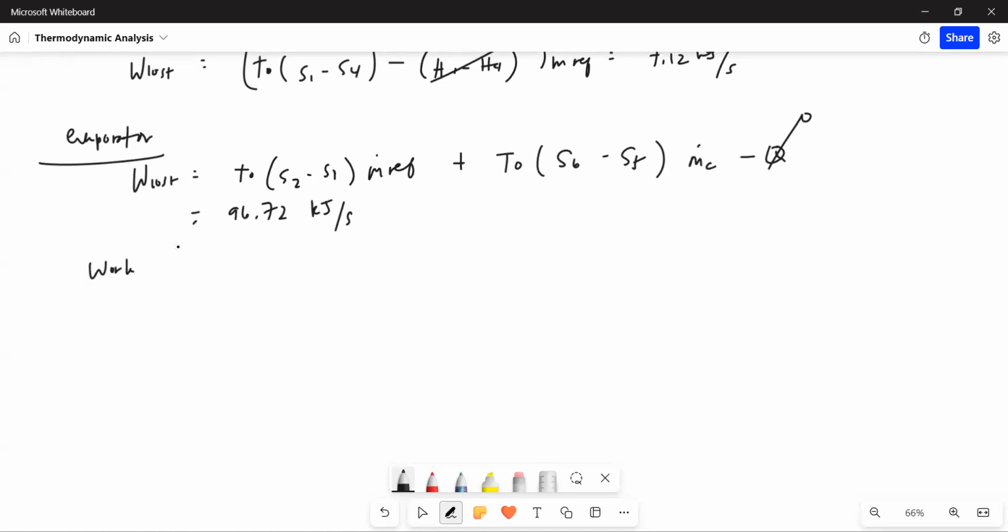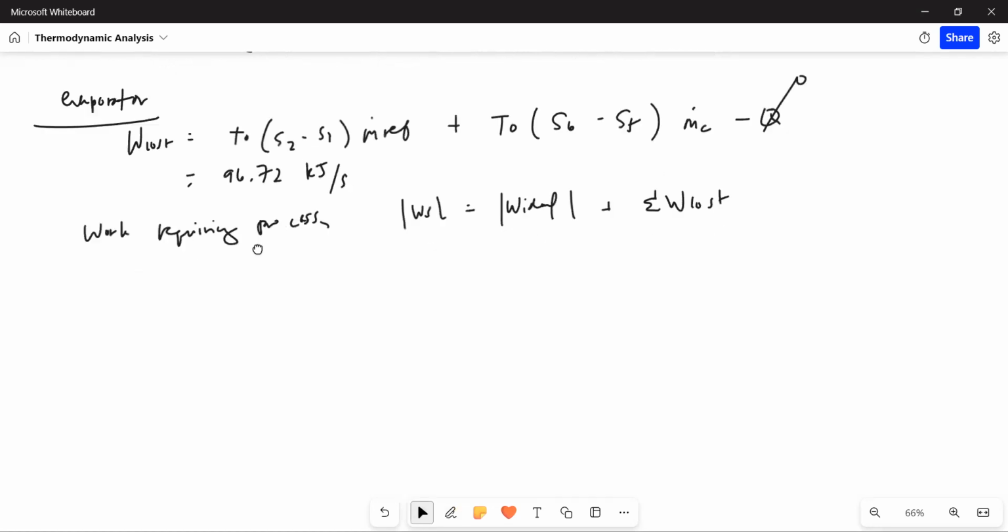Now for a work requiring process, work shaft equals work ideal plus the summation of work lost.